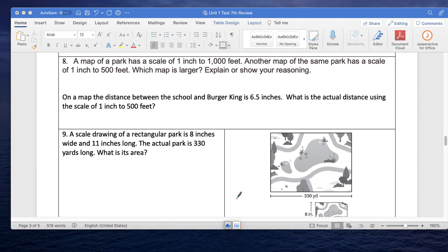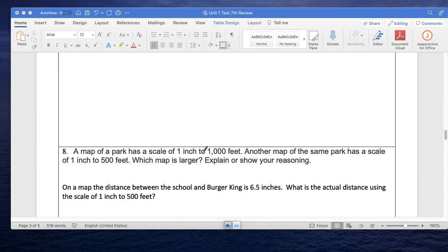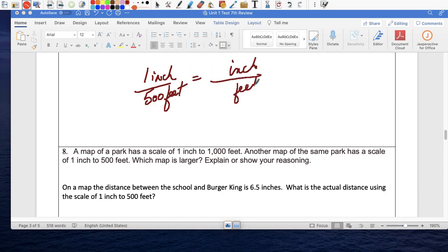I don't know what that question is. On the map, the distance between the school and Burger King's. Okay, so I guess I could have used that. So let's say 1 inch is 500 feet. So first of all, inches on top, feet at the bottom.